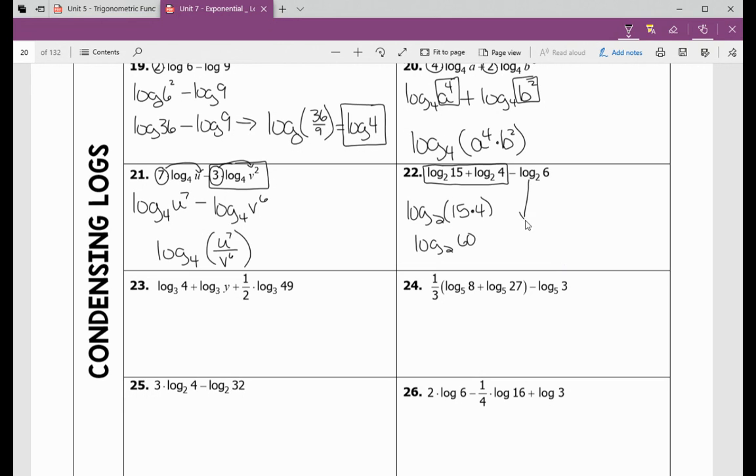All right, now I'm going to bring this one down, and I will apply my quotient property because I have a log base 2 minus a log base 2 now. So this turns into log base 2 of 60 divided by 6, and that would reduce to log base 2 of 10.